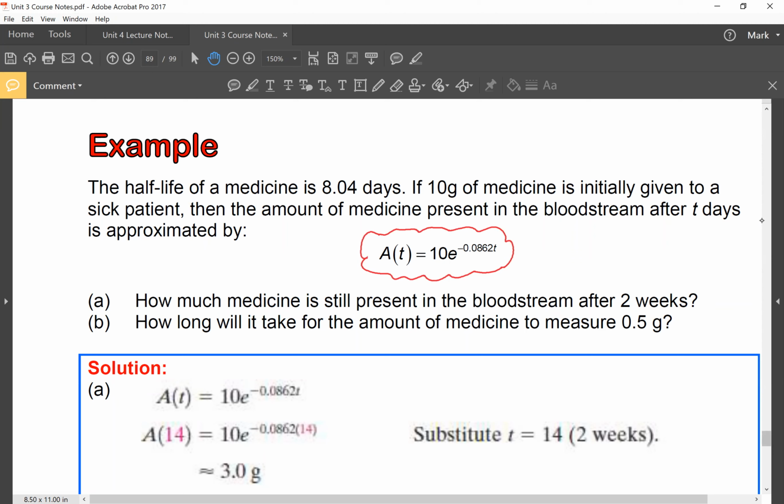Now, I'm going to give you one hint. If you see e, use ln. Logarithm will always work, it's just ln will make your life a lot easier.